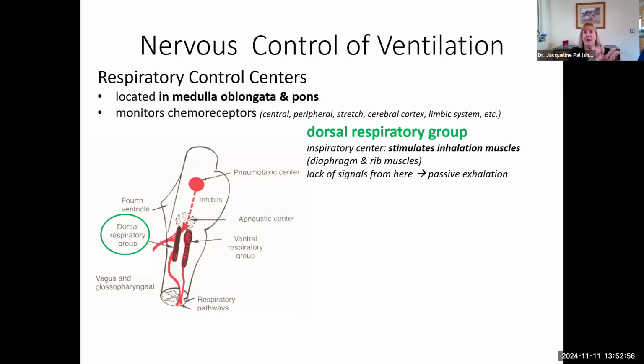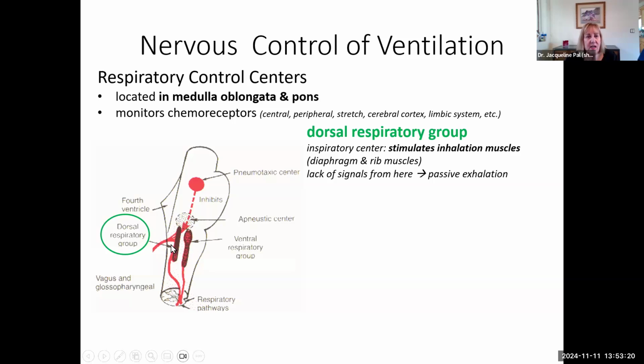And a lack of signals from here is what triggers passive exhalation, because as we learned before, passive exhalation has to do with relaxation of the muscles of passive inhalation. So contraction of those muscles gives us passive inhalation, relaxation gives us passive exhalation.